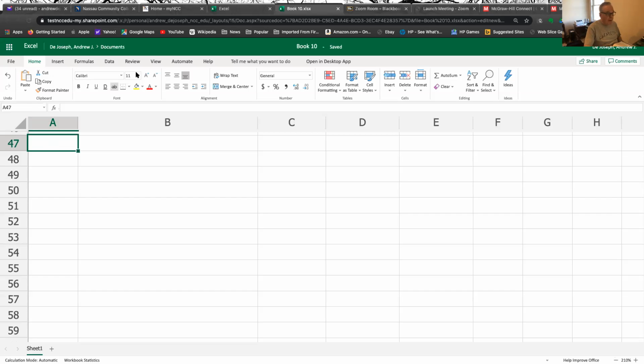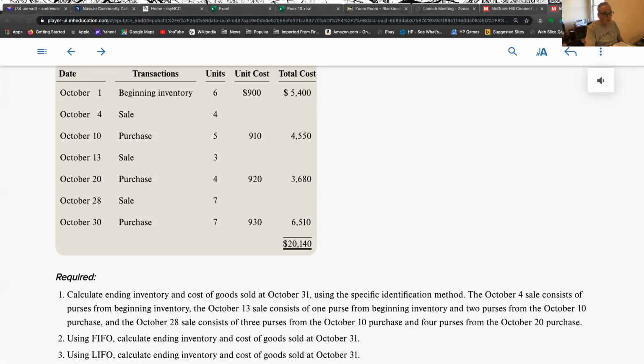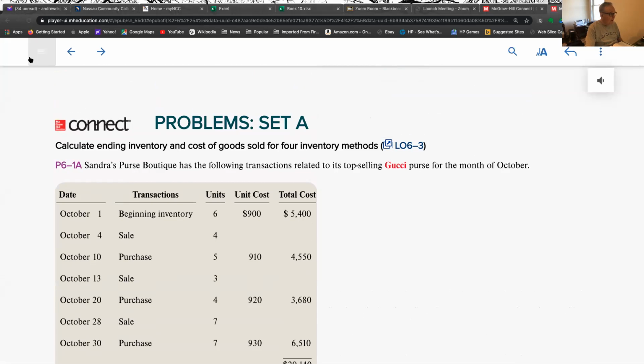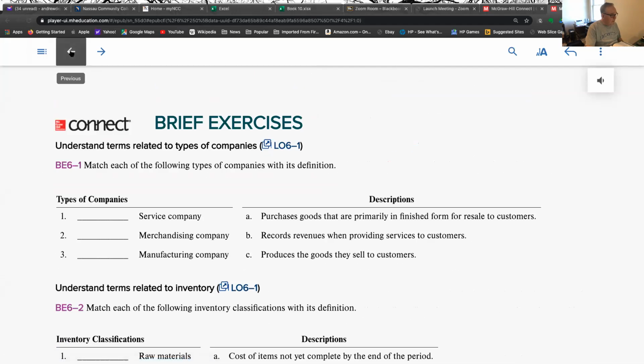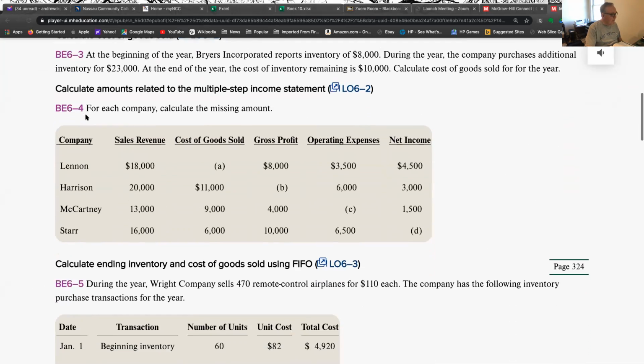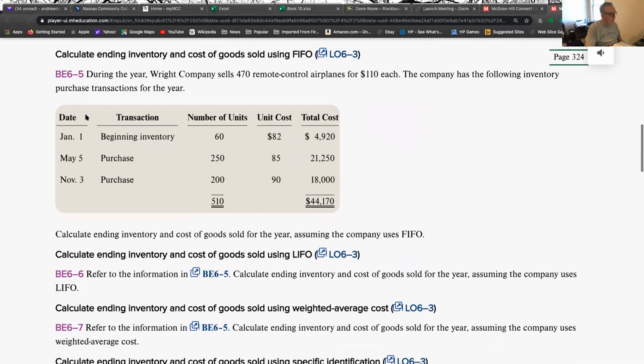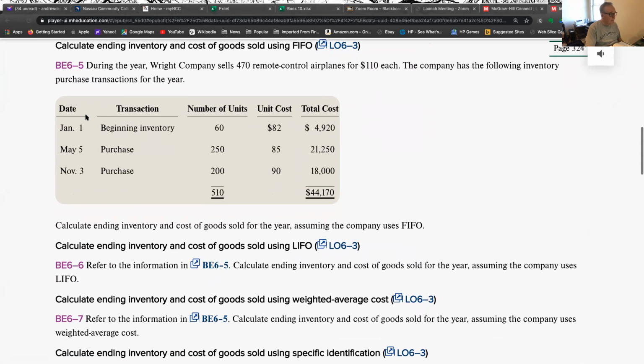Okay, now if we look on page 324, brief exercise 6-5. Let's take a look at this one. Calculate ending inventory and cost of goods sold using FIFO.